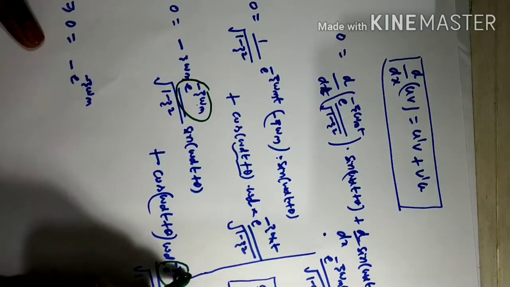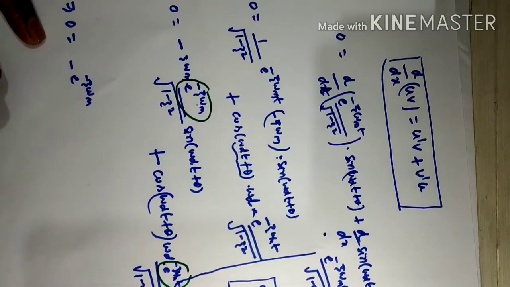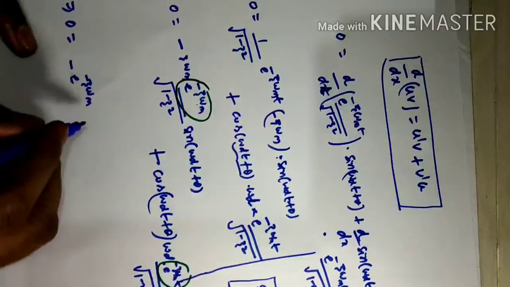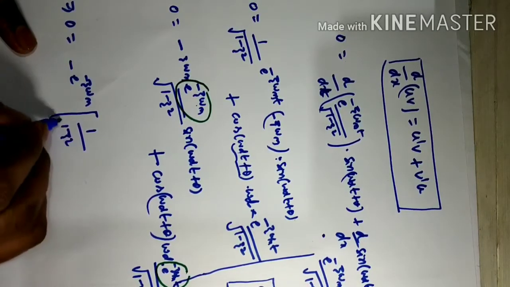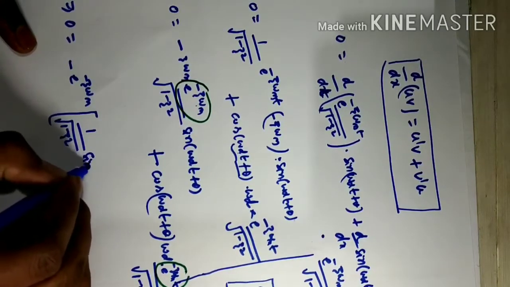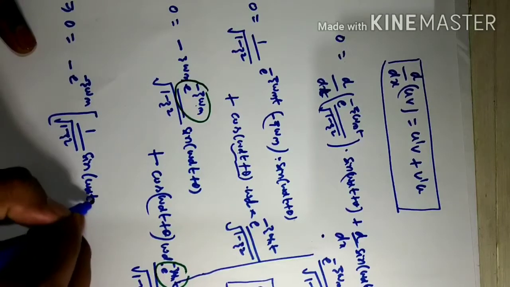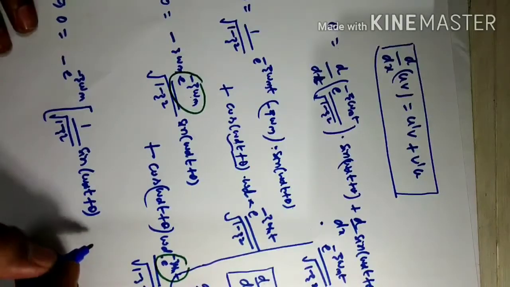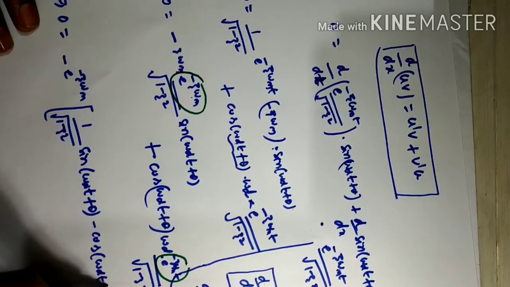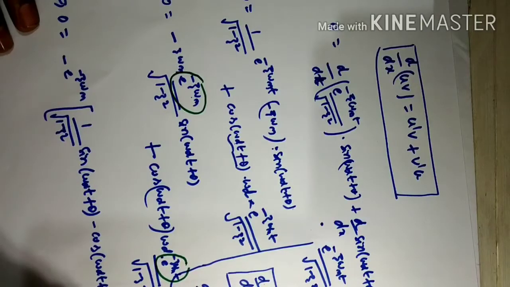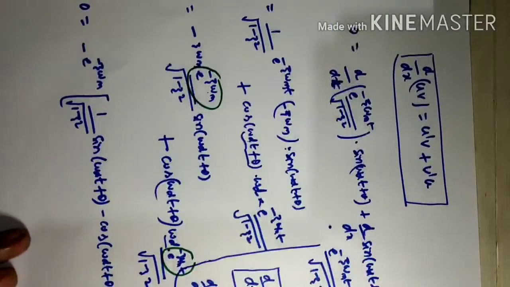When you take this common, you will get minus zeta sine(omega_d t plus theta), then plus cos(omega_d t plus theta) omega_d by root 1 minus zeta square.